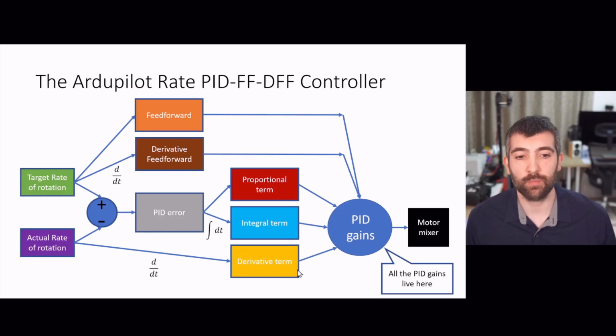If any of these terms are incorrect, if they've got a value that's too high or too low, then the actual rate of rotation won't follow the target rate of rotation very well, and the drone won't fly well. So the whole purpose of the methodical PID tune is to get the actual rate of rotation to match the target rate of rotation as closely as possible by tuning the gains of all of these different terms.